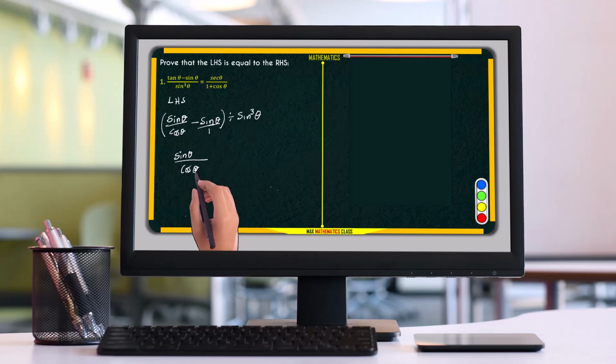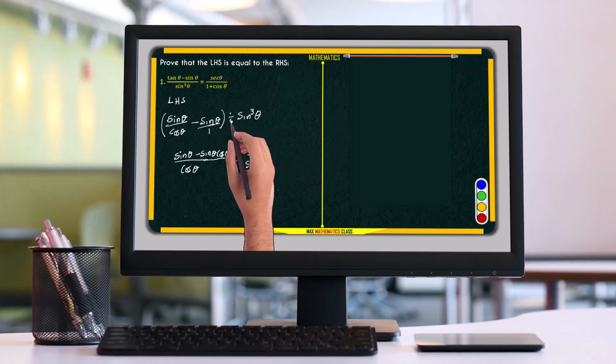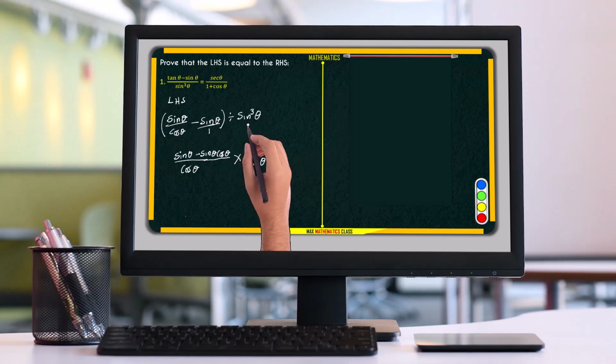Then 1 going into cos theta will give us cos theta, times sin theta will give us sin theta cos theta, times the reciprocal of this, which is 1 over sine cube theta. Because of division here, we can turn this division to multiplication and then write the reciprocal of this.